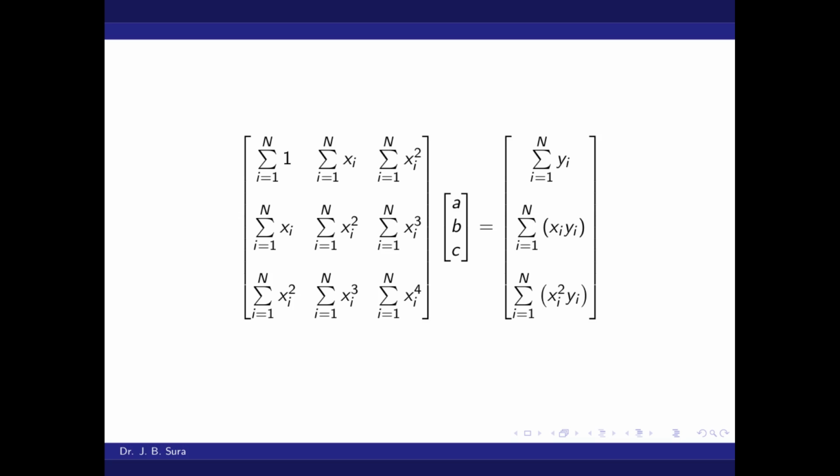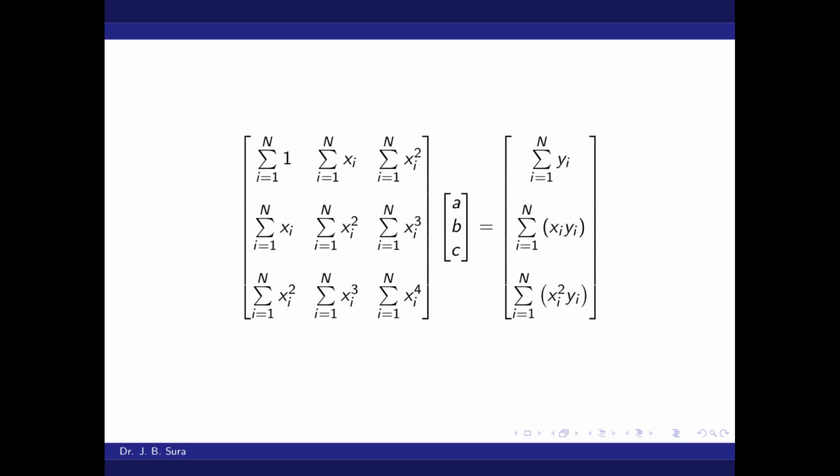Now if the same row is multiplied with x, we get the second row, which is sigma x, sigma x square, sigma x cube, and again if I multiply with x, we get the third row, sigma x square, sigma x cube, sigma x raised to 4. Similarly, on the right side we have sigma yi, multiplied with x, sigma xi yi, again multiplied with x, we get sigma x square y.